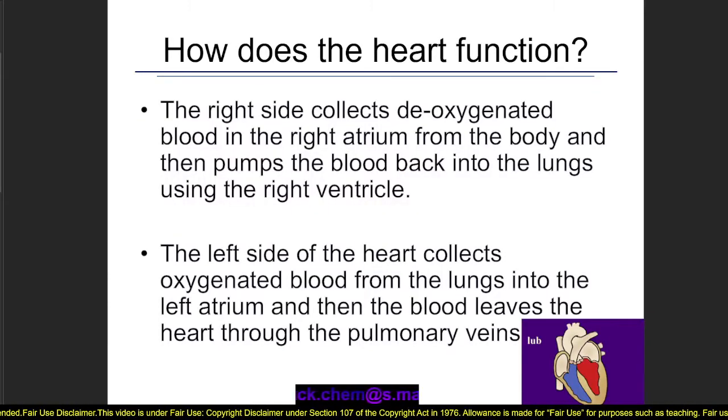And before I end off, there's just a short note, once again re-emphasizing where deoxygenated blood is found in the heart and where oxygenated blood is found, where this blood goes in the heart, and where, when it leaves the heart, it goes as well.